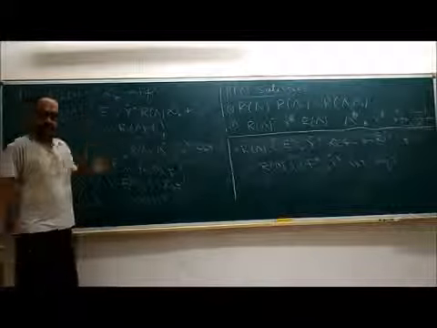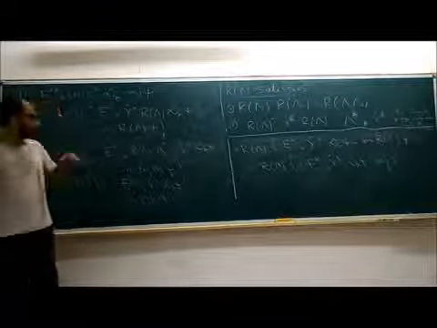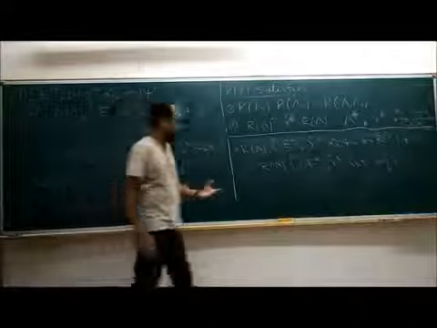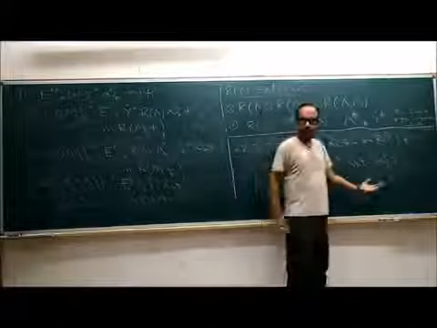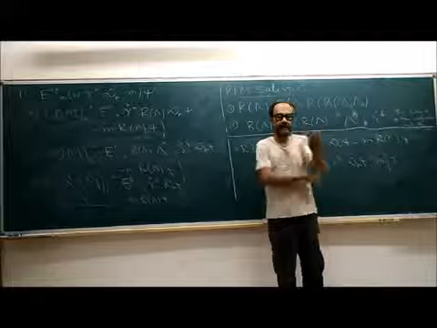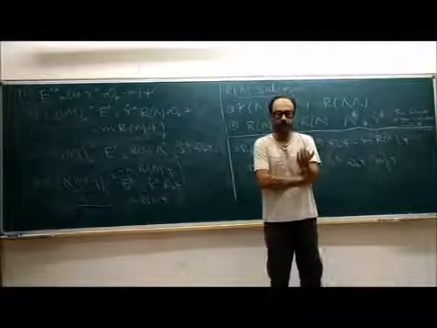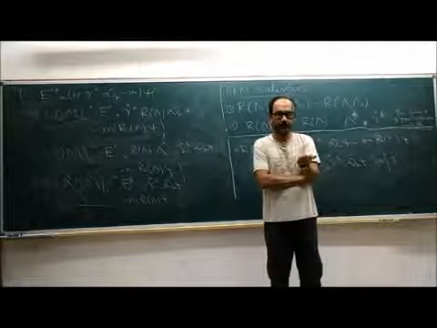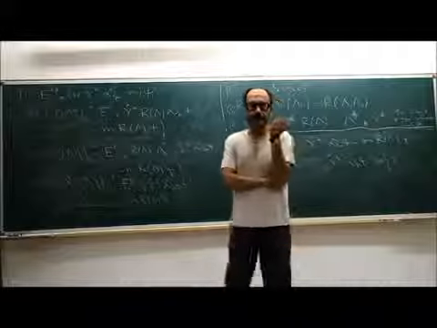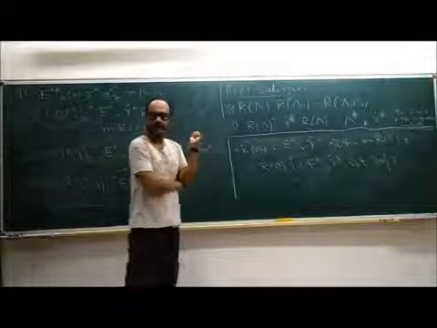So this then establishes that the Dirac equation that we had written down, this equal to 0, is invariant under local Lorentz transformation. Is this clear?